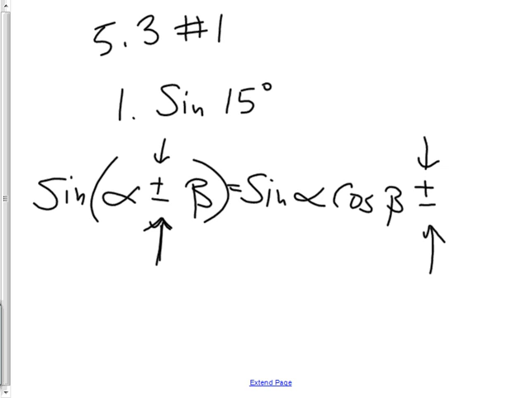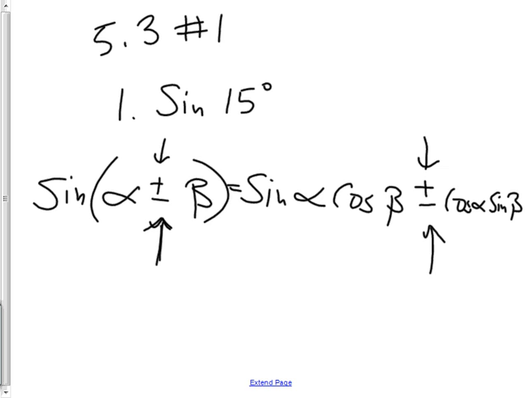Okay, so back to finishing off this formula. The rest of the formula for sine is cosine alpha sine beta. My alphas are awful. Okay, so how do I use this?